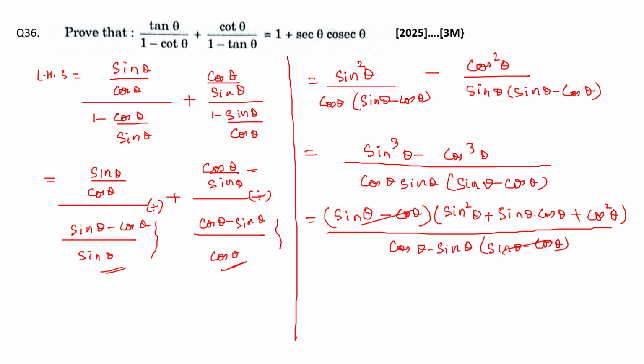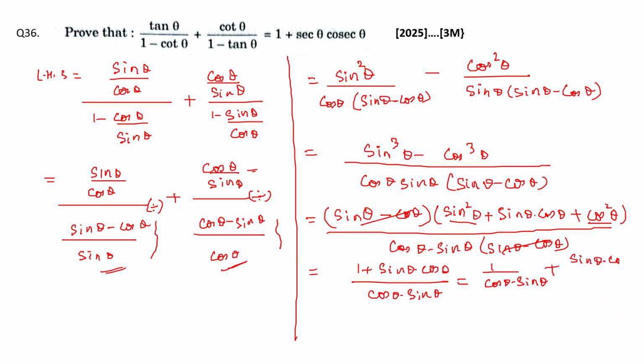So this will get cancelled. Now sine square theta plus cos square theta is 1. So it will become 1 plus sine theta into cos theta divided by cos theta into sine theta. Next you can write 1 by cos theta into sine theta plus sine theta into cos theta by cos theta into sine theta.